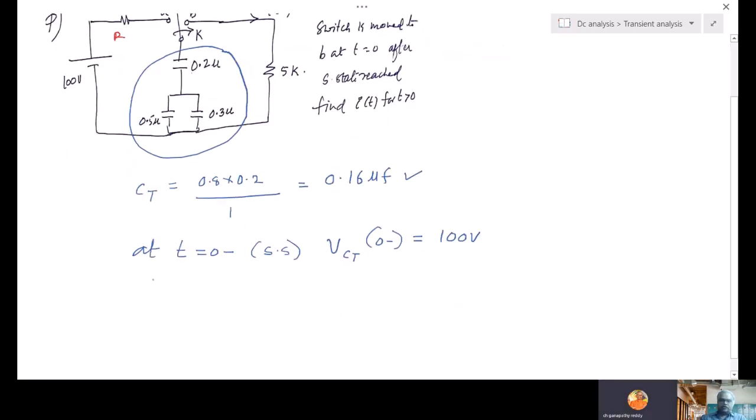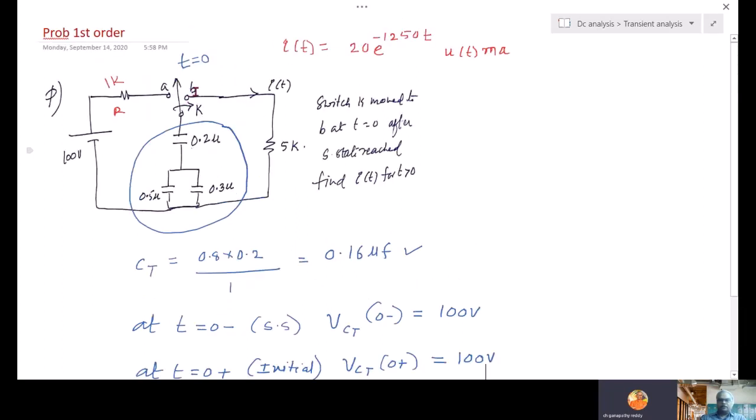And when the switch is connected to B, at t equal to 0 plus, what is VC of 0 plus? Sudden change of voltage in a capacitor is not allowed. So it is the same 100 volts.